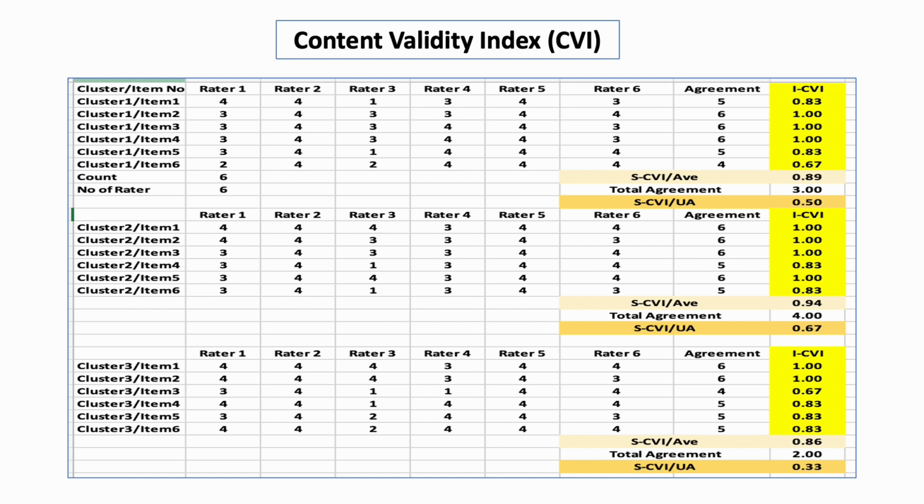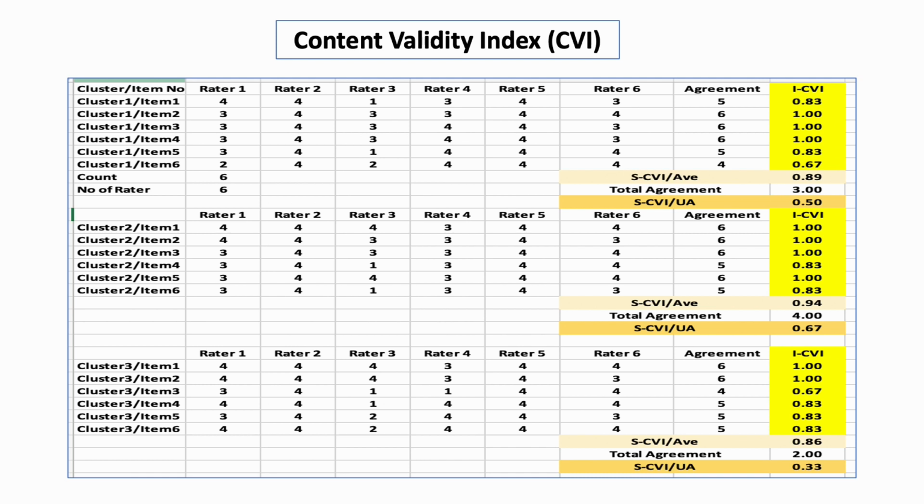But then later for the SCVI universal agreement, so that is SCVI average 0.89, but to determine the SCVI universal agreement, what we do is we look at the total agreement. So if you look at cluster 1 or component 1, the total agreement means all 6 raters, everybody, given either 3 or 4.